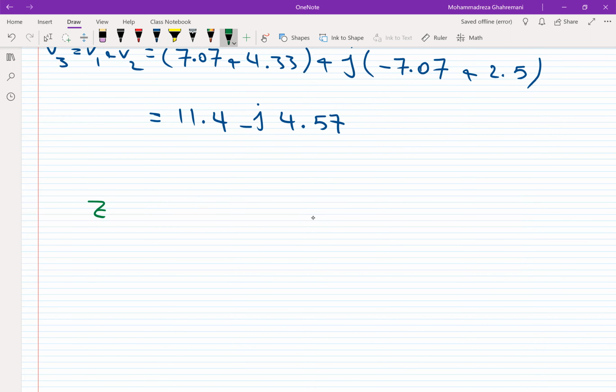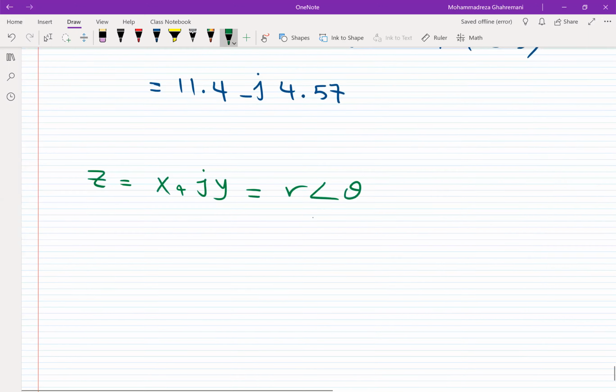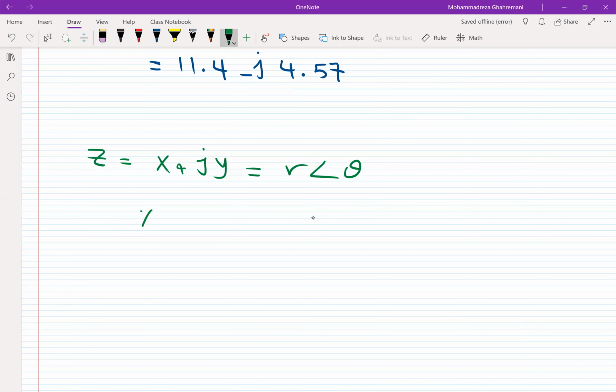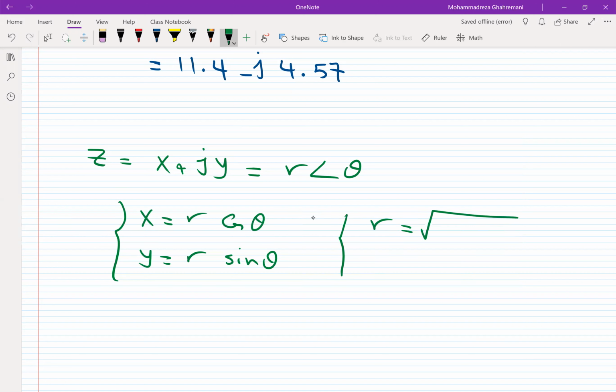If we have a complex number, which is x plus jy, and we show it with r with the angle of theta, we know that x is r cosine of theta, y is r sine of theta, and of course r is equal to the square root of x squared plus y squared, and theta is equal to arctangent of y over x.